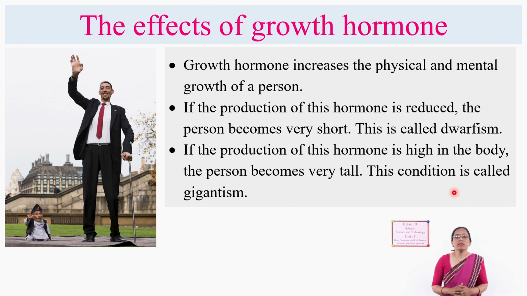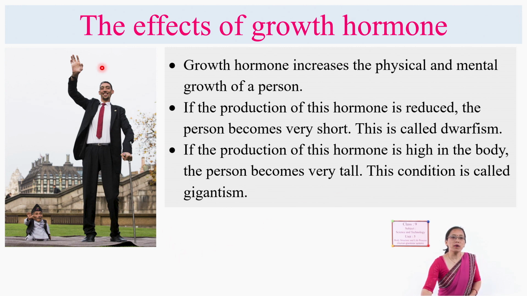And if the production of growth hormone is very high, if it is in a very excessive amount, what happens? The rate of physical growth is very high. And because of that, the person becomes very tall, but very lean and thin. Such a condition is called gigantism.